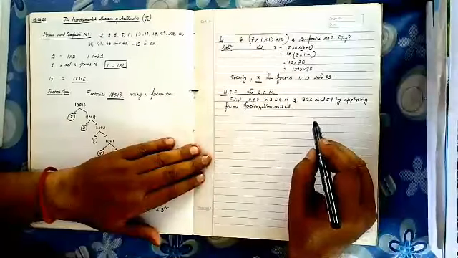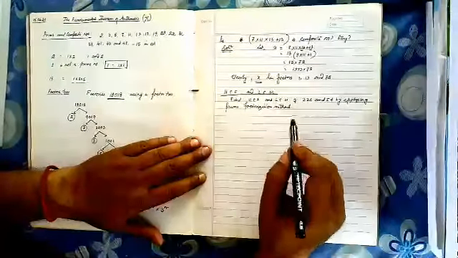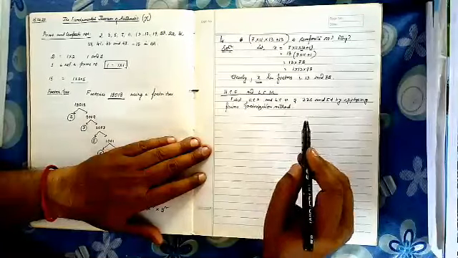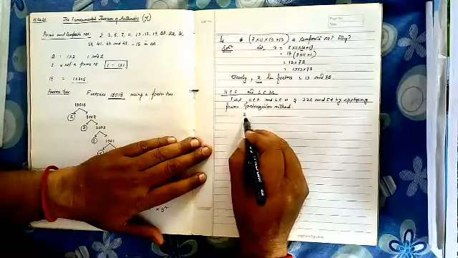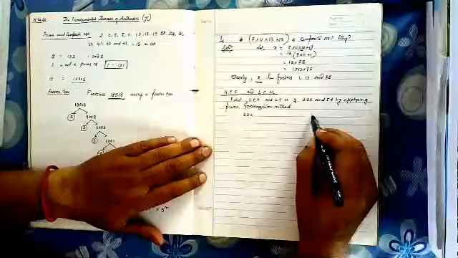Okay. Now what to do? Of course, you need to find out the prime factors of 336 and 54 separately. So let us do that. 336 and 54.